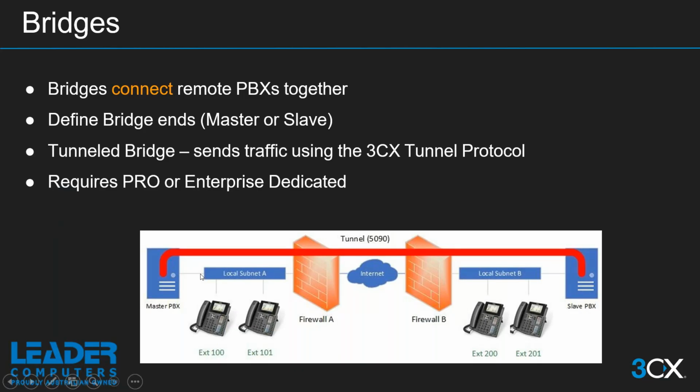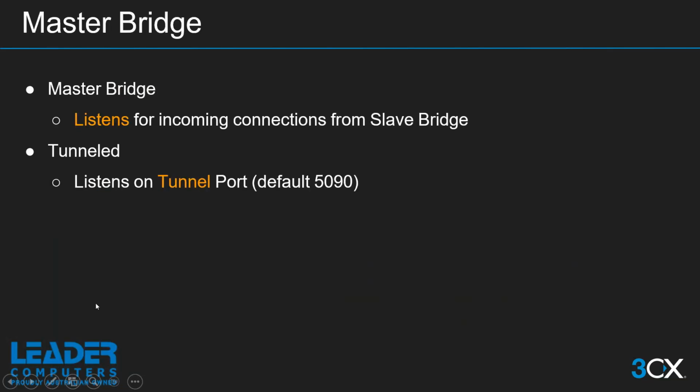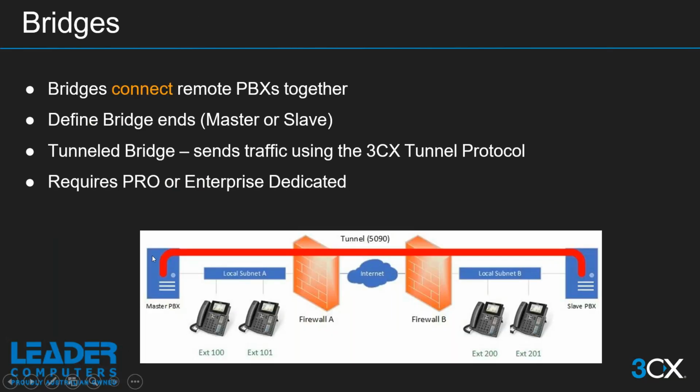From this example, you can see there is a master PBX and the slave PBX, and you have master PBX extensions, some handsets or users connected under it, and they are sitting under firewall A. And B is on a different subnet with extensions under it, sitting under firewall B. You can connect them together using port 5090 through the internet.